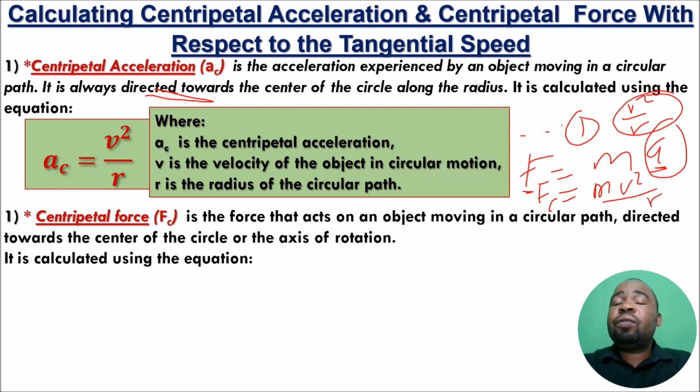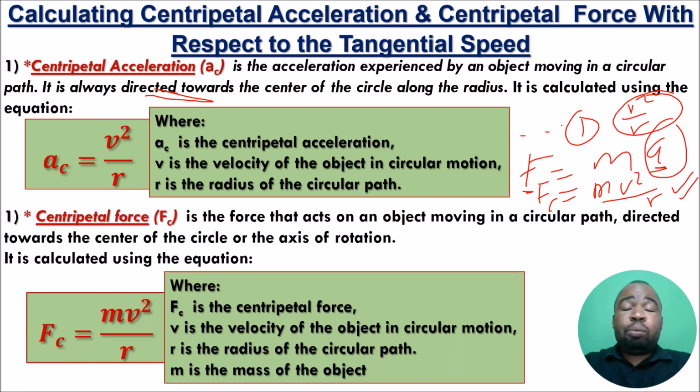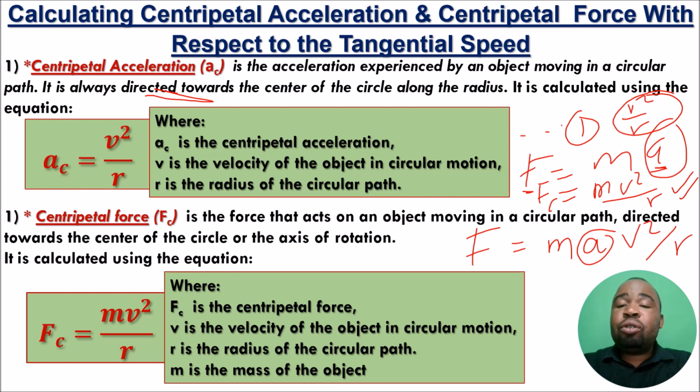Taking the expression for centripetal acceleration and plugging it into Newton's second law, we end up with an expression which says the centripetal force is equal to mv²/r, derived from Newton's second law, F = ma. We know that a is the same as v²/r, so substituting, we get mv²/r.